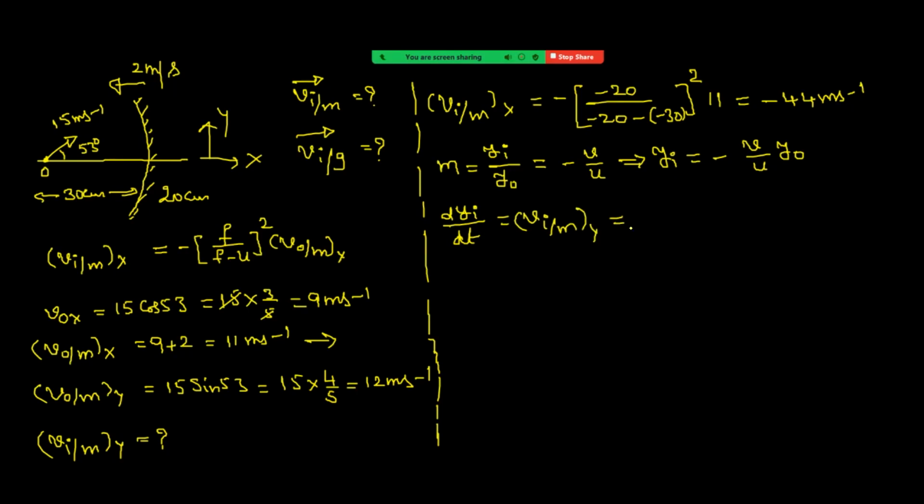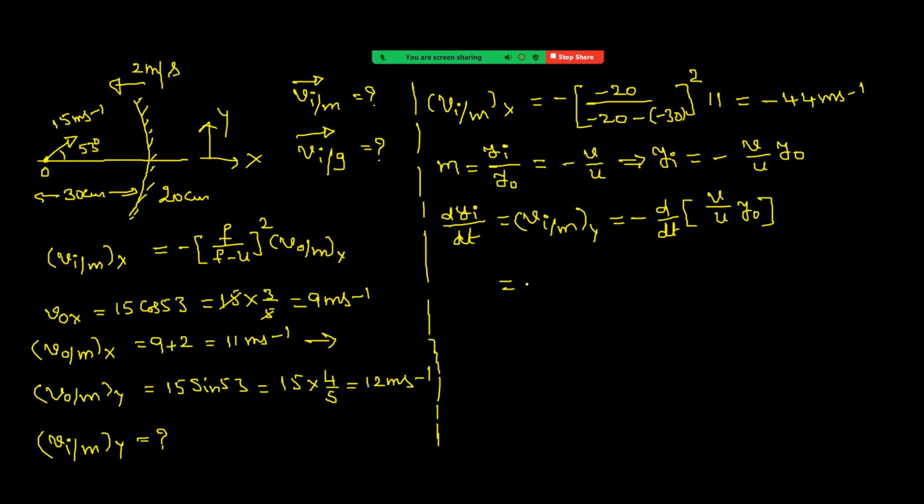That is equal to minus outside, d by dt of v by u into y naught. You can see here y naught, u, v are now variables, all three, right? Then see what we get here.